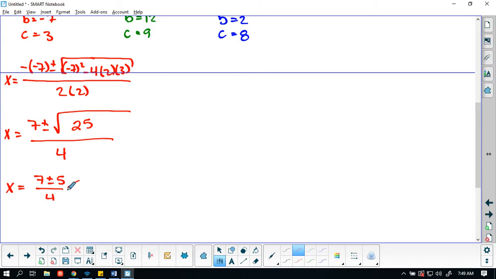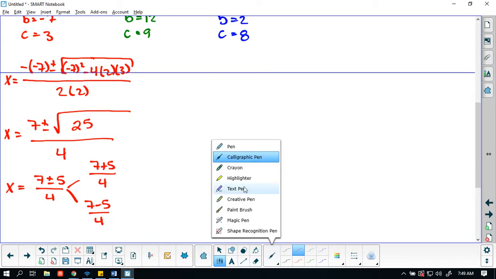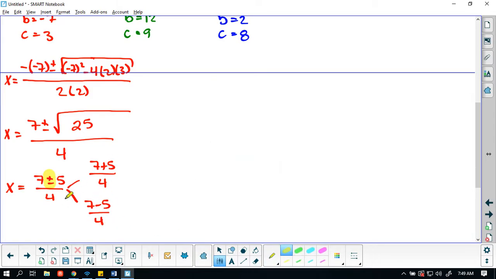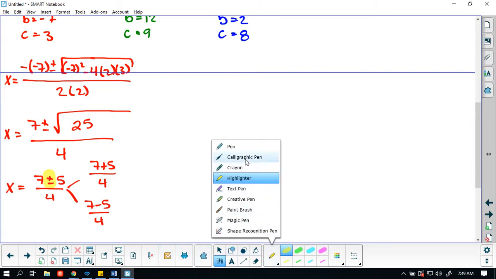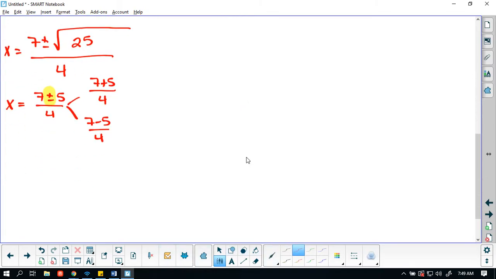And now we have two different solutions. We have 7 plus 5 divided by 4, and we have 7 minus 5 divided by 4, because we do have this plus or minus here, which again makes it two solutions. So 7 plus 5 divided by 4 is 3, and 7 minus 5 divided by 4 is 1/2.